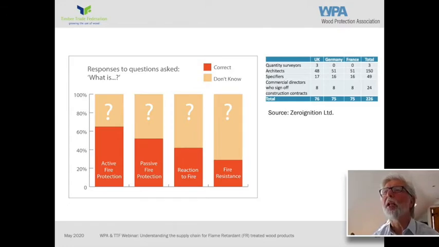So when you ask what is reaction to fire or fire resistance, the correct answer is given by between a third and 40-something% of specifiers, which is a very clear explanation of why this is a regular problem.